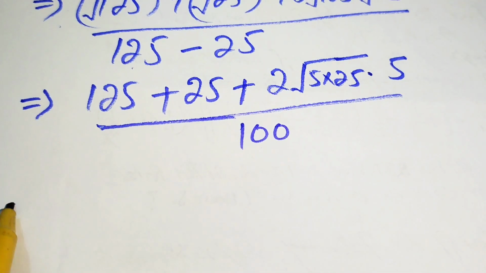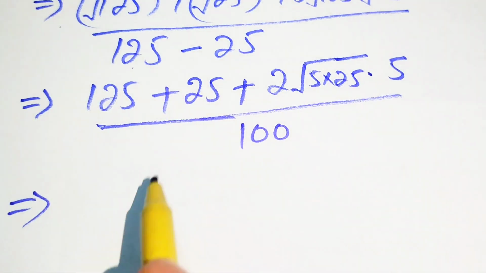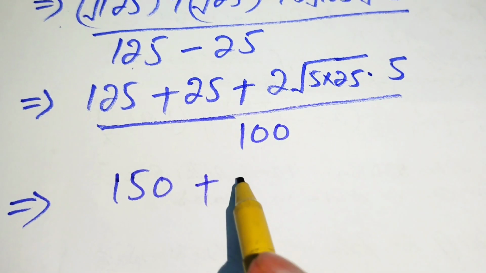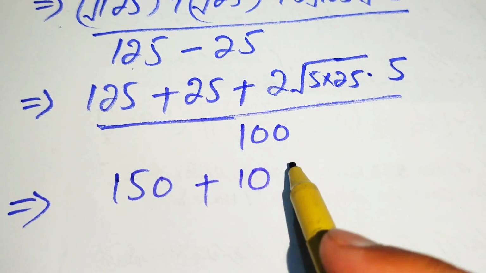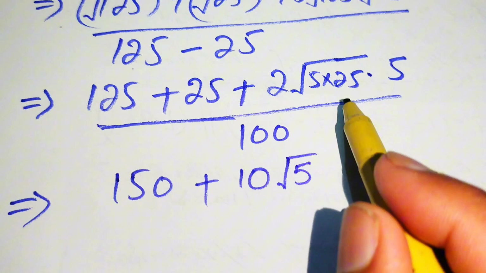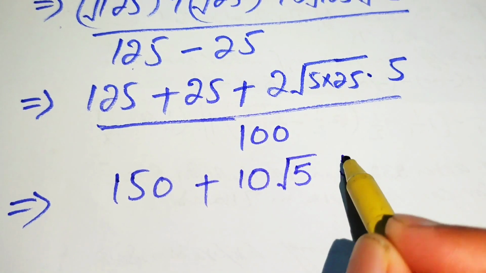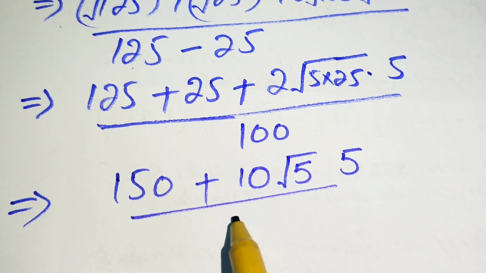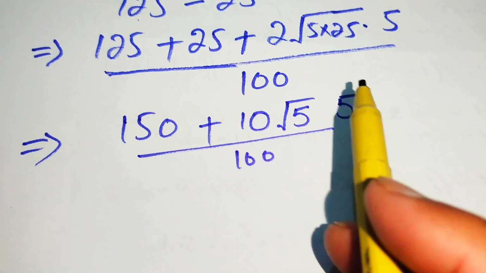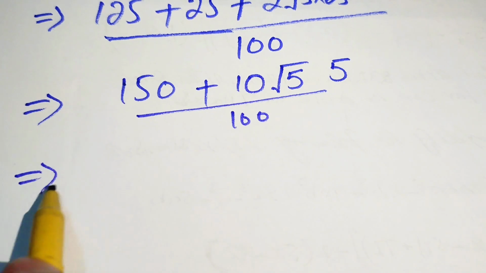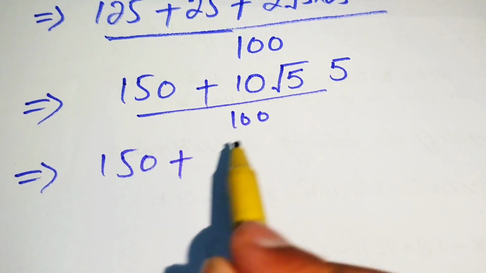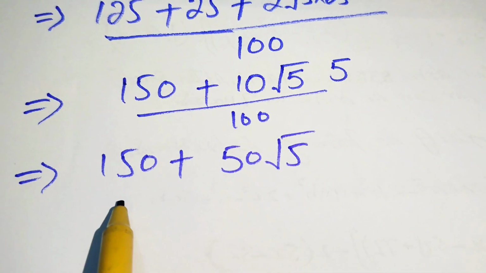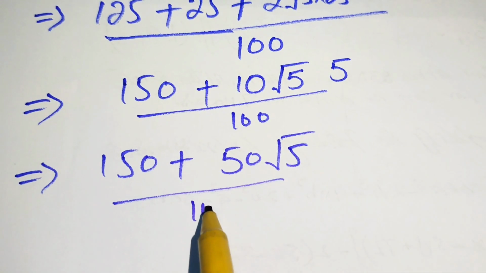Here we need more simplification: 125 plus 25 equals 150, plus 2 times 5 becomes 10, times √5 and √25 which is 5, divided by 100. Now we multiply 10 by 5, and we obtain 150 plus 50 into √5, divided by 100.